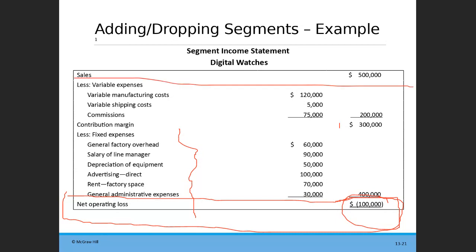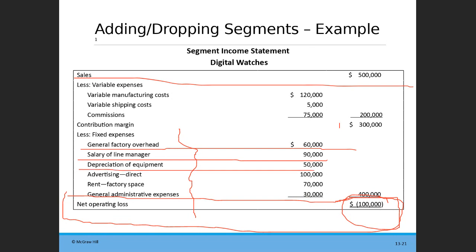It depends on how your factory's set up. Some of this stuff is about capacity for the factory as a whole, and it's only been allocated to these watches. So if you don't manufacture these watches, it's going to get allocated to something else. So we need to take that stuff out of the mix.